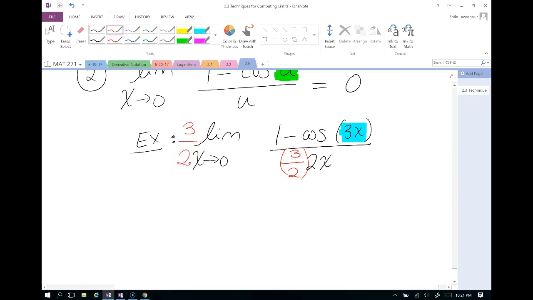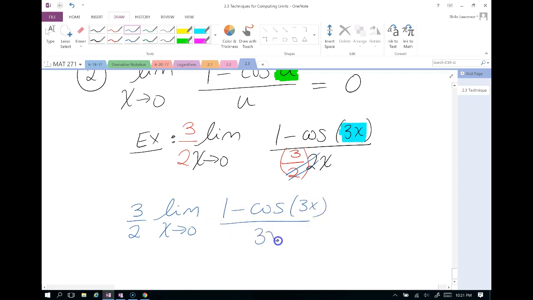Technically, they would cancel each other, but we're using that to get the angle in the denominator to match. So now this is 3/2, the limit as x approaches 0 of 1 minus cosine of 3x over 3x. Now they match, and that cosine limit is 0.